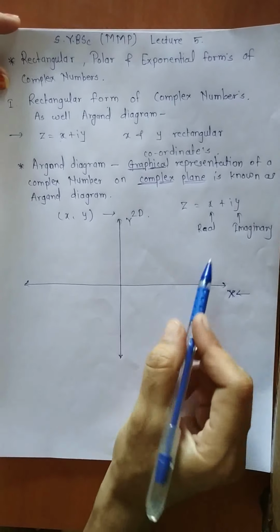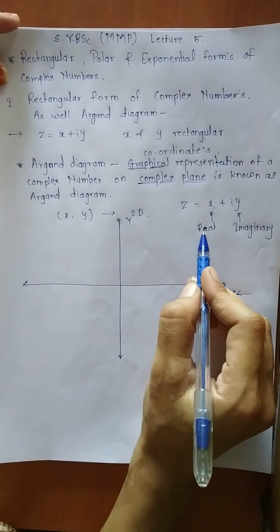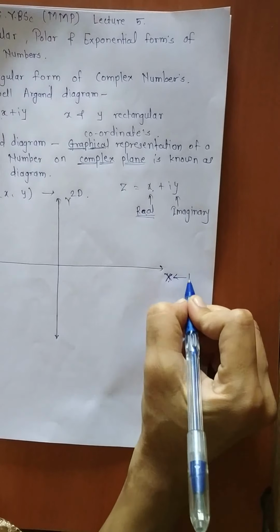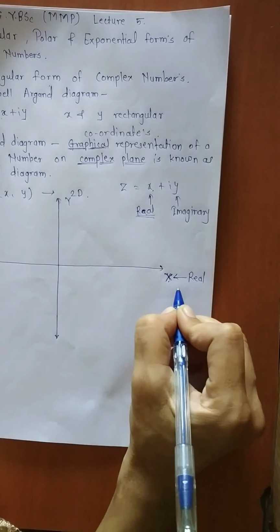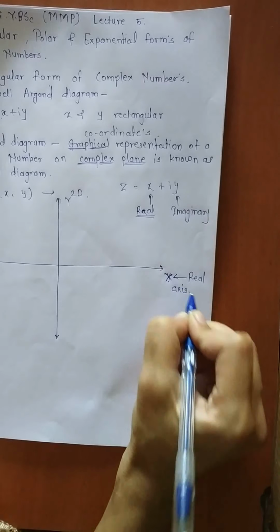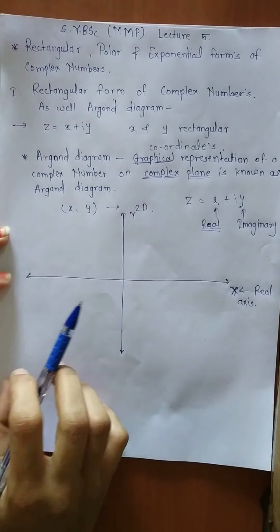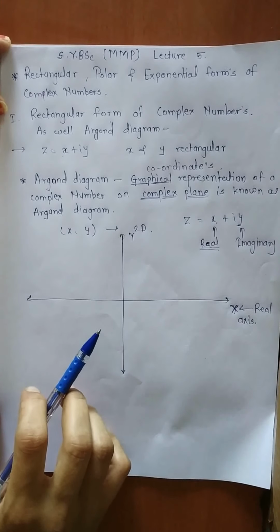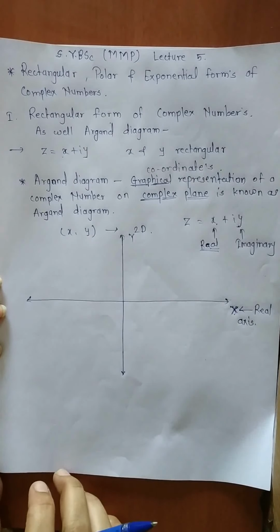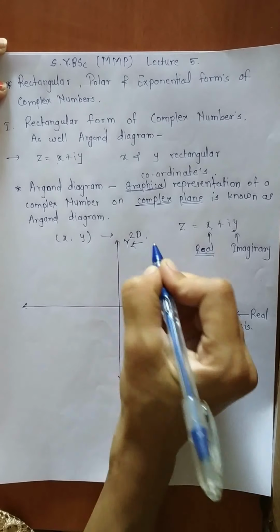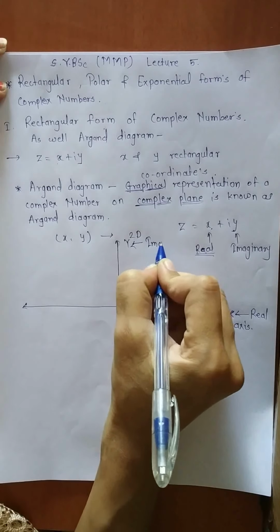So when x is represented as a real number on the x axis, this x axis is known as the real axis, and the imaginary part, that is y, is represented on the y axis. Therefore this y axis is known as the imaginary axis.